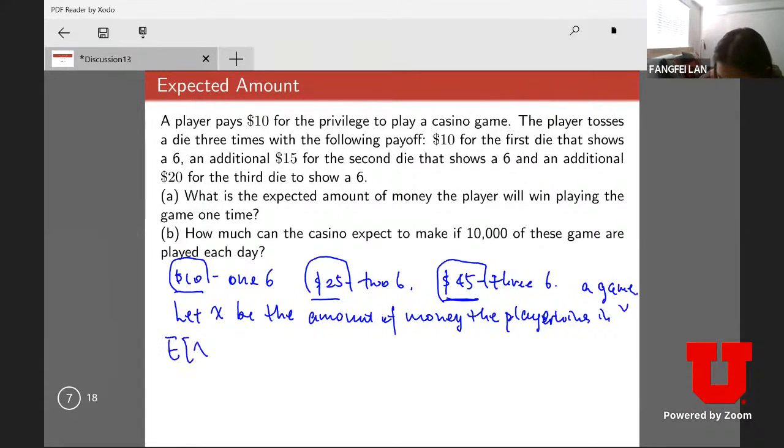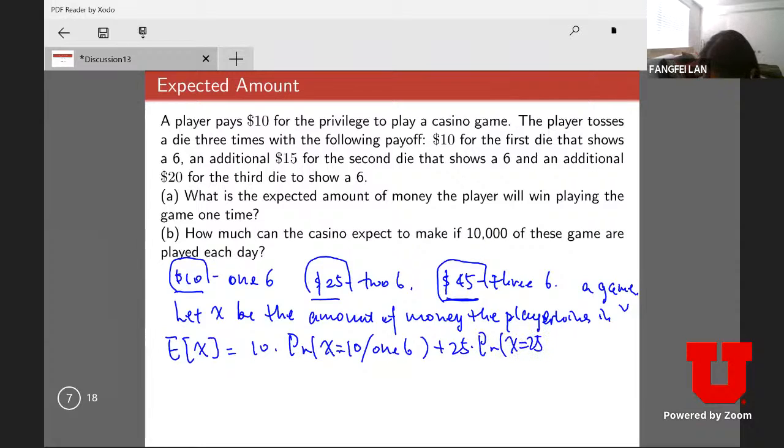Then the expected value of X is equal to 10 times the probability of X equals 10, which means rolling one 6, plus 25 times the probability of X equals 25, which means two 6s, plus 45 times the probability of X equals 45, or three 6s.